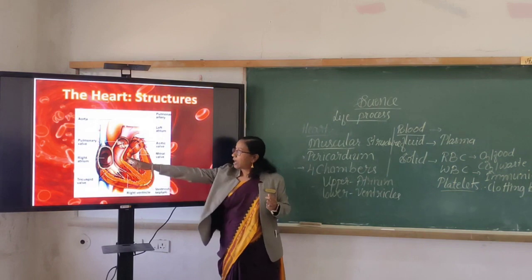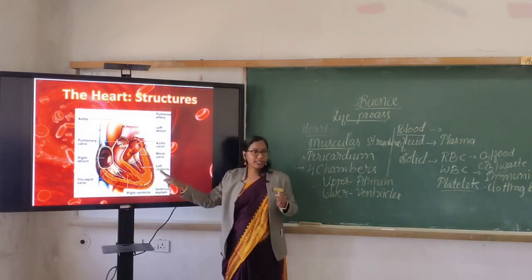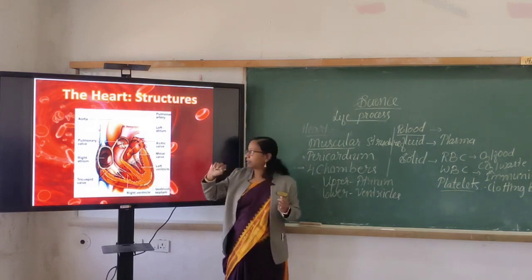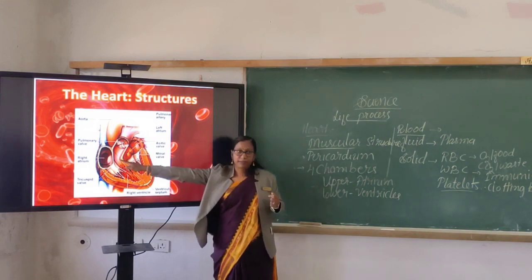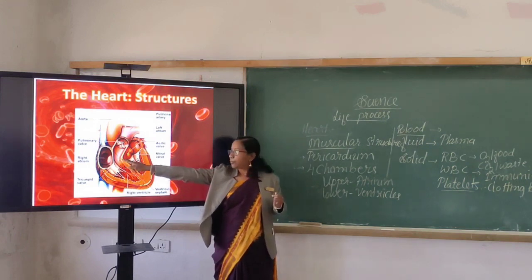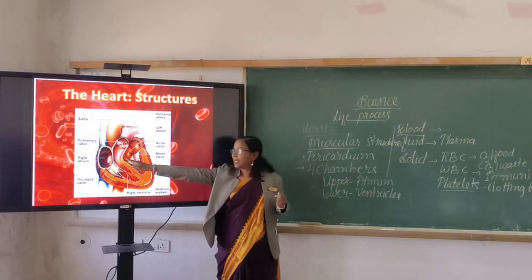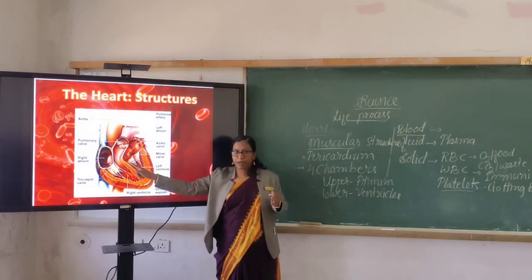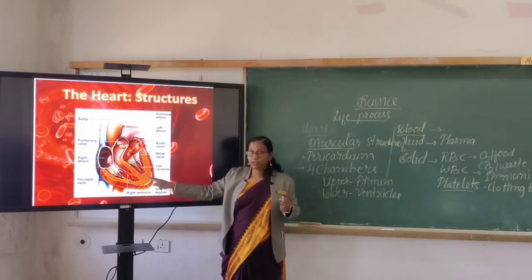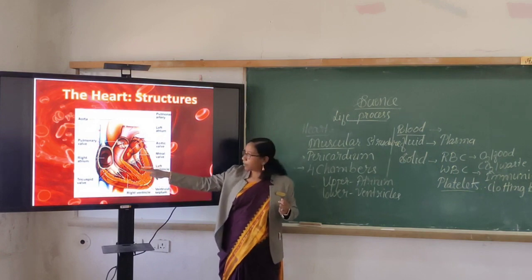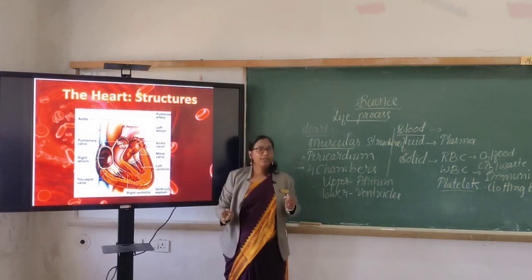You can see here upper chambers and lower chambers. There are 4 chambers in the heart. The atrium, the upper chamber, receives the blood and sends the blood to the lower chambers. And from the lower chambers it will move to different parts.